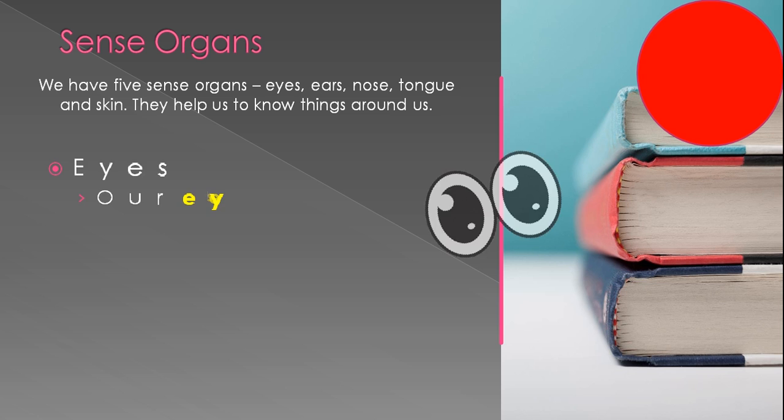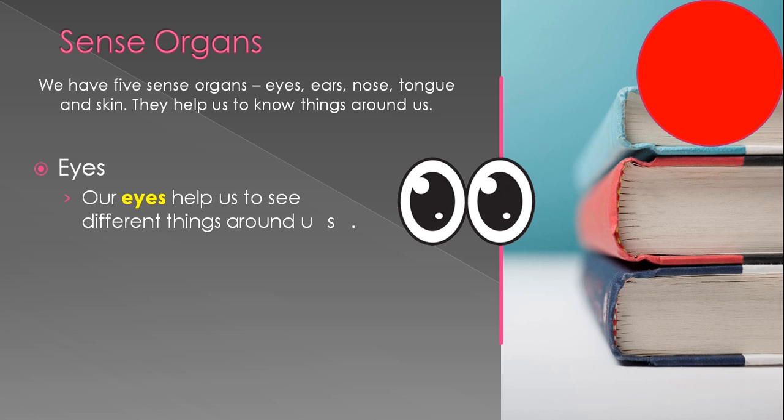Now let's see the eyes. Our eyes help us to see different things around us. So we already know the eyes help us to see the things around us.